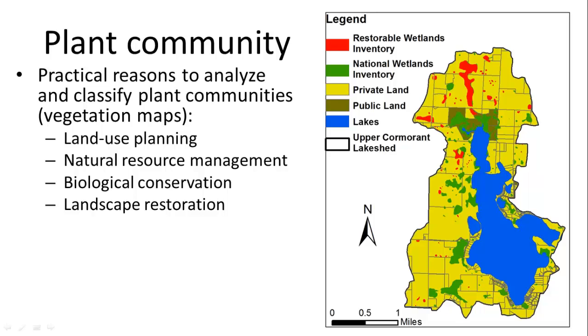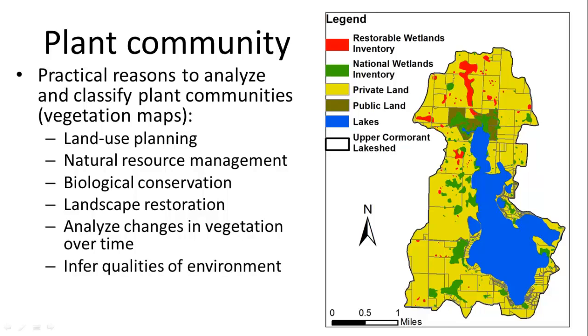So you may have landscape restoration where you're trying to go in and establish species to create an environment similar to those that are natural. And you can also analyze changes in vegetation over time, which would be looking at succession, which we'll talk about later, and infer the qualities of each environment based on those different species.